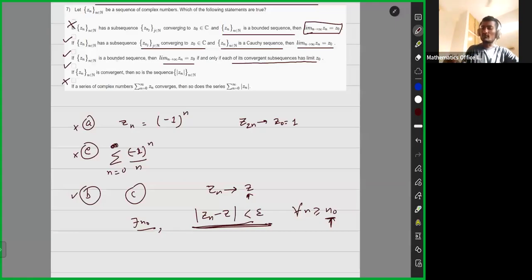That is where we need bounded. So one side is clear. When it is convergent, it is bounded, of course. But the other side is not clear. It says that each convergent subsequence has limit Z0. If it was talking about all the subsequences, not only convergent, then it would have been fine.